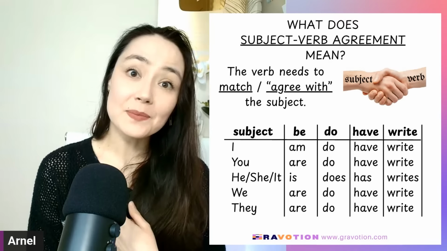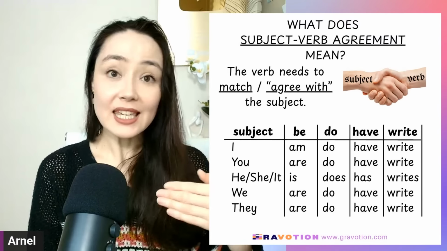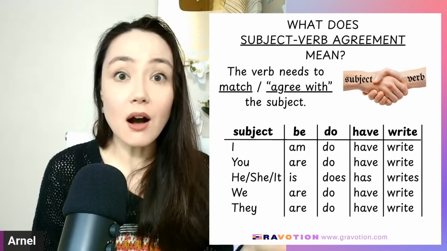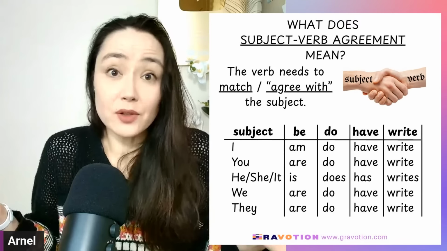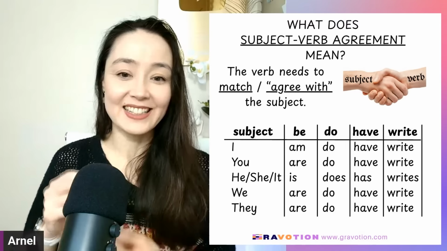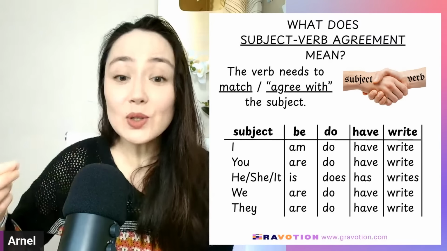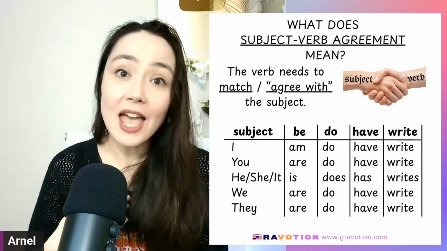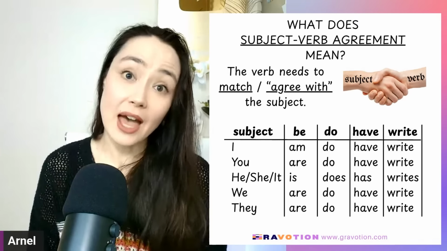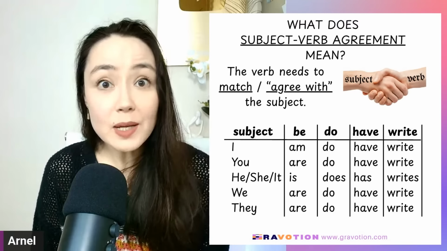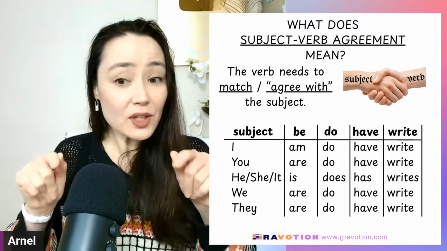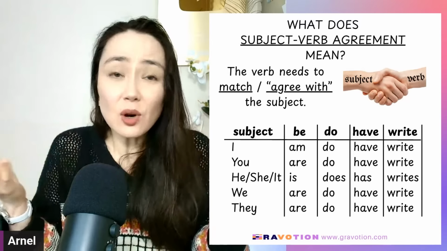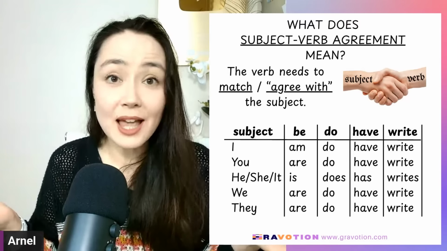I am, you are, he, she, it is, we are, they are. That is subject-verb agreement. I do, you do, he, she, it does, we do, they do. Again, that is subject-verb agreement. If you know this stuff on the chart, you're already 90% there.